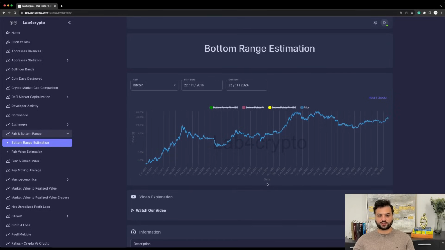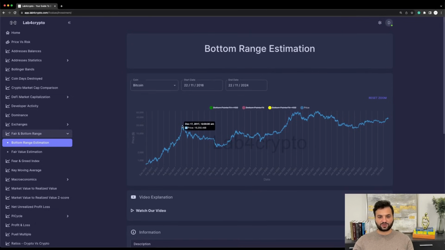first I want us to understand what we are trying to achieve, and then we're going to move to the explanation of the model. By just observing the Bitcoin price action, let's clarify what we want from this model. Bitcoin price in December 2017 was around 19K, and then it dropped to the 3K region in December 2018.